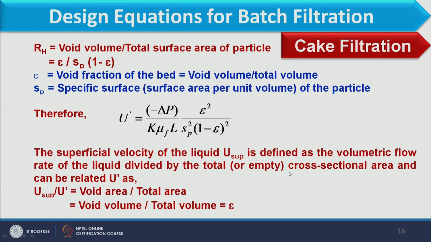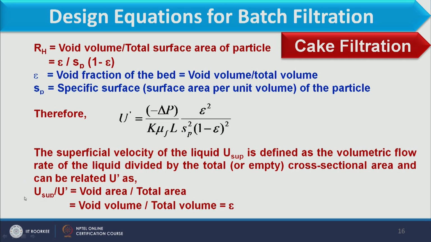So that time factor will be cancelled out, and when we divide meter cube of hole by meter of hole, that should be the meter square of hole. So when we consider meter square of hole, that is nothing but the void area. And U superficial is defined as volumetric flow by total cross sectional area.